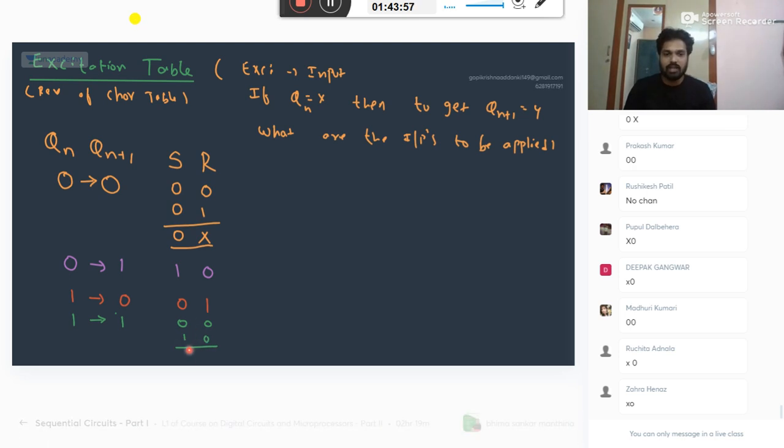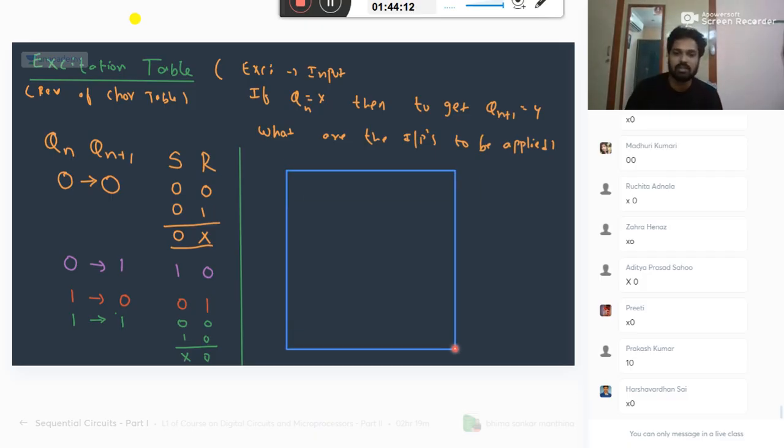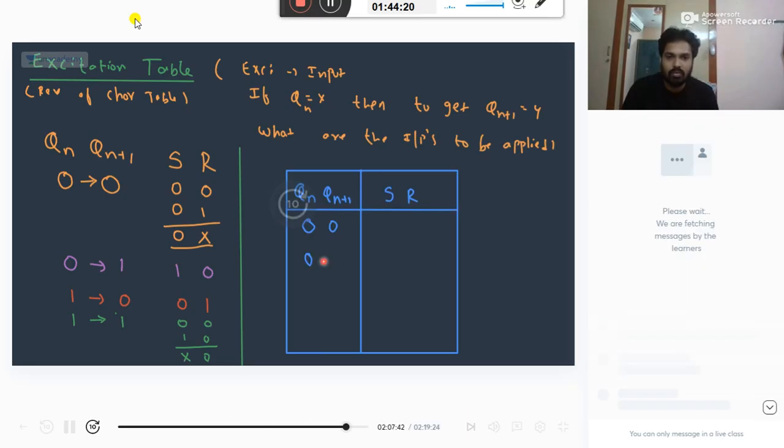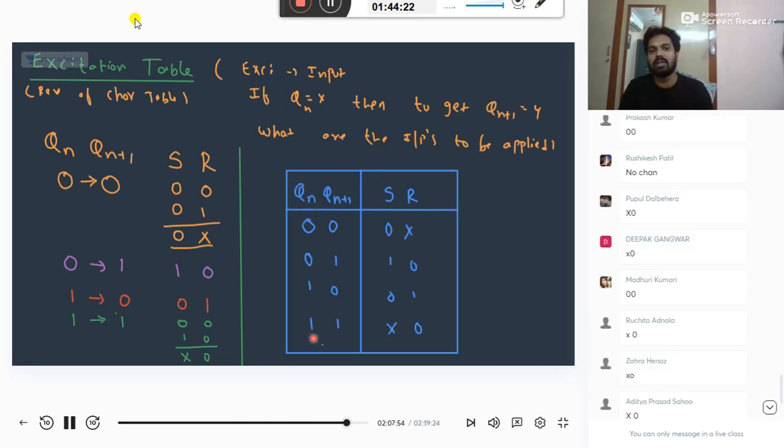The other input can be anything, either 0 or 1. Both the cases you should take, all possibilities. So finally, now you can make the table of this, what we call the excitation table. Let me write it in table form. This is what we call the excitation table of the SR flip-flop.